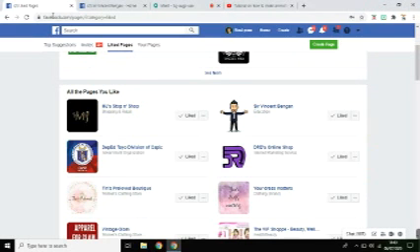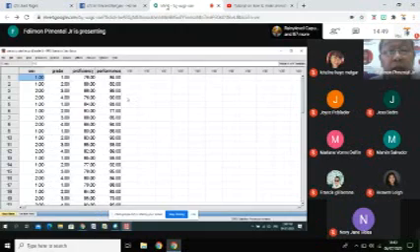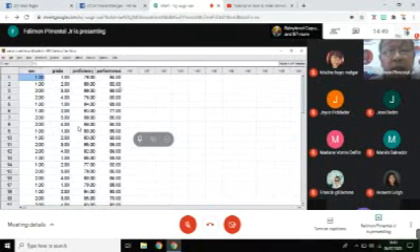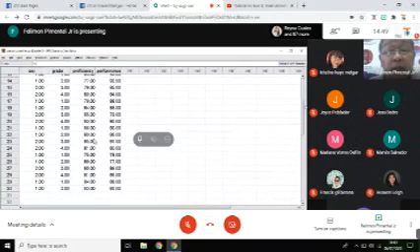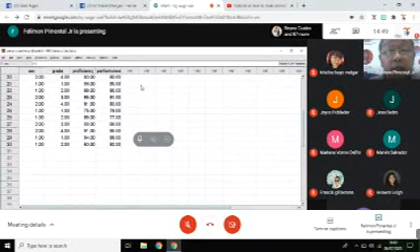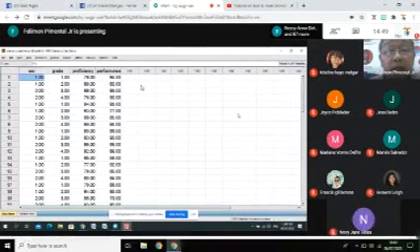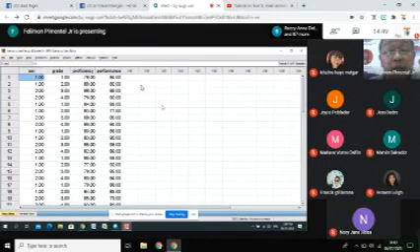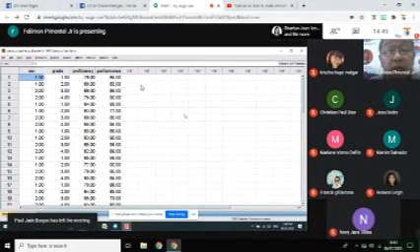Before that, let us go back to our data. Since we have 30, when your data is less than 30, we can assume that the distribution of the data is not normal.